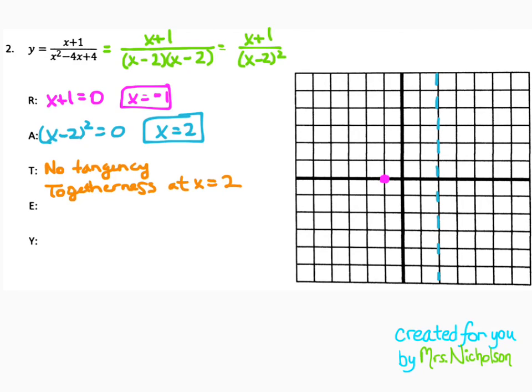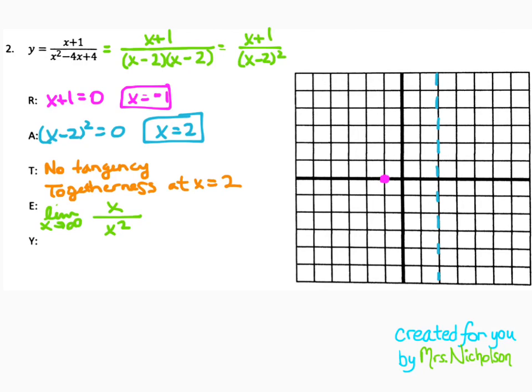Alright, in behavior, we're going to think about the limit as x goes to infinity. And I'm just considering the highest powered term in the numerator and the denominator. So in this case, if x is getting bigger and bigger, going to infinity, my denominator is going to get bigger much faster than my numerator.